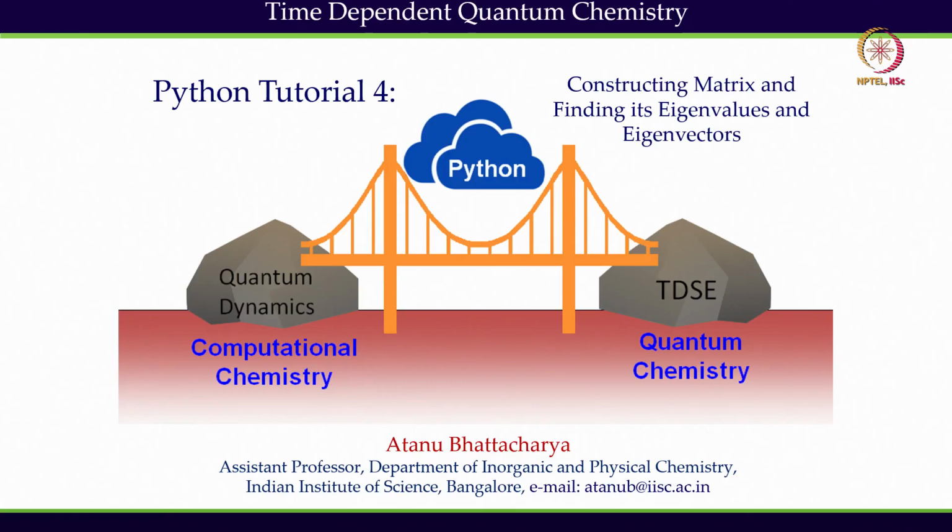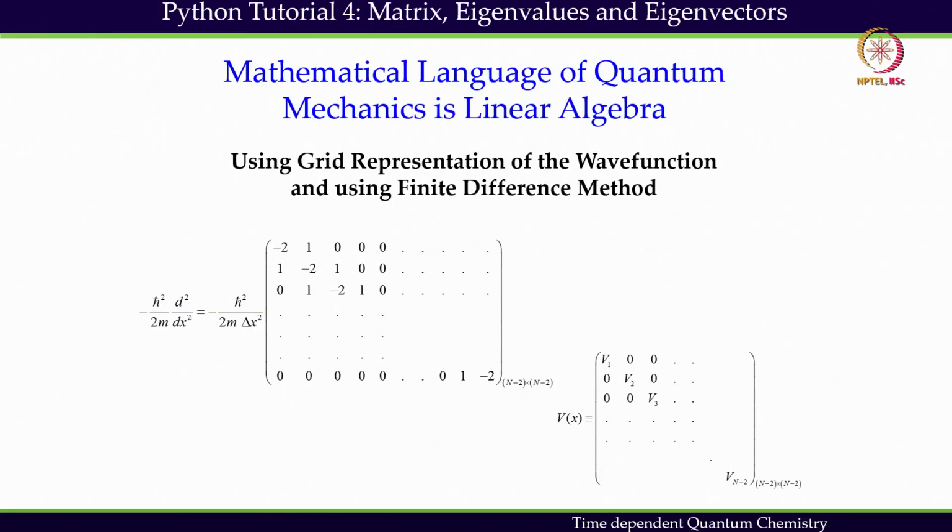Technically, we will be exploring the eigenvectors and eigenvalues associated with a particular Hamiltonian. So, we are solving the time independent Schrodinger equation. So, we will take a look at the procedure to represent a matrix in Python programming.